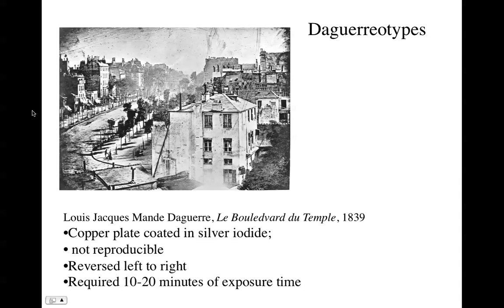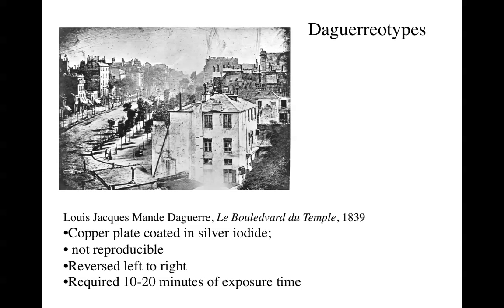Well, Daguerre was one of the first to discover this process. He realized that copper plates coated with silver iodide would capture the image, and they would have another chemical bath to stop the darkening. His daguerreotypes are non-reproducible images. They reverse left to right. And the very first images actually required something like 8 hours.